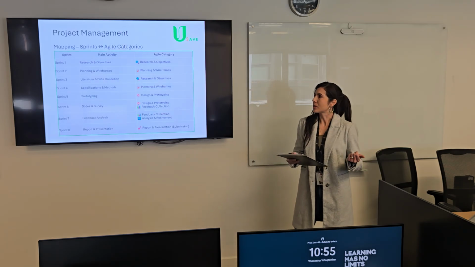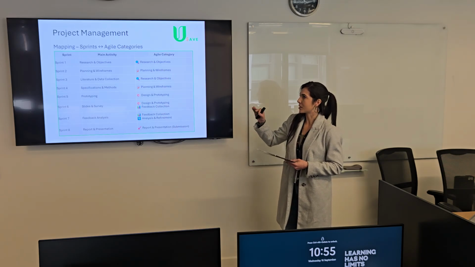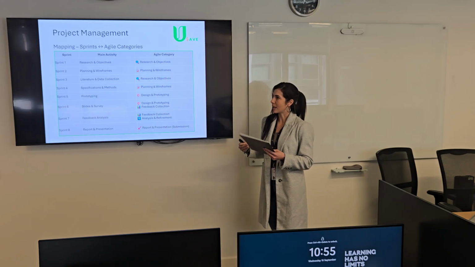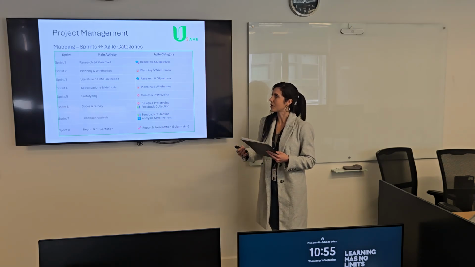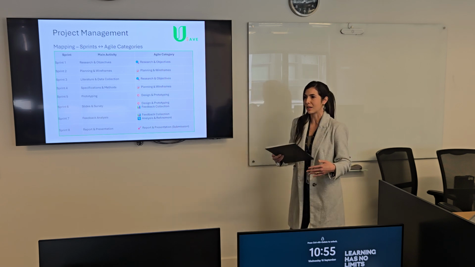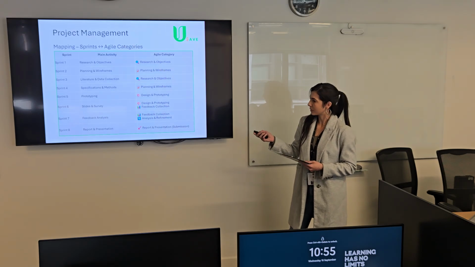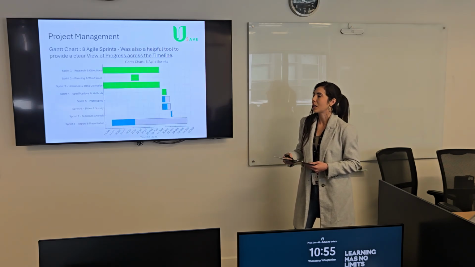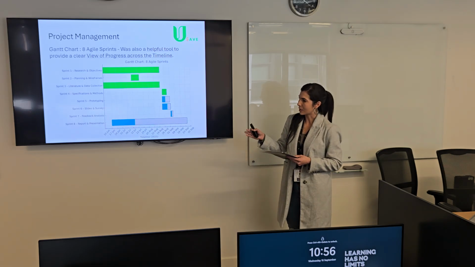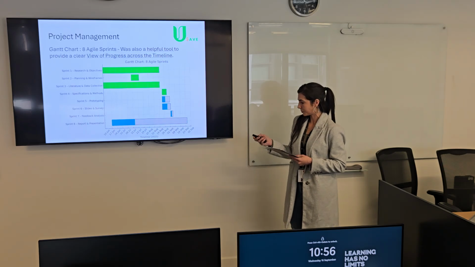From those 6 stages, I divided the work into 8 sprints, and each sprint was responsible for delivering results such as researching, planning, and then some research again after planning, until the feedback and report and presentation. The Gantt chart was also a helpful tool to visualize how the sprints progressed along the timeline.